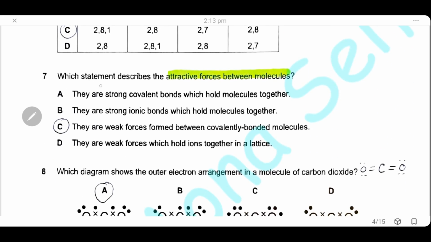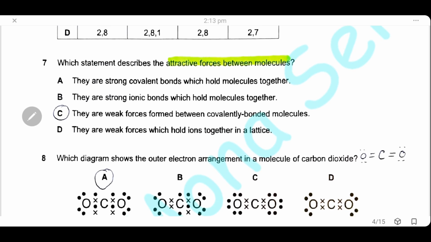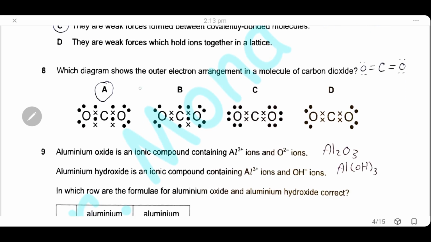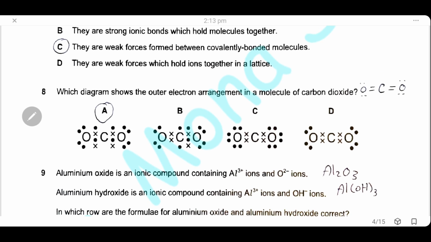Question 7. Which statement describes the attractive forces between molecules? Molecules are formed between covalently bonded atoms. So the forces between the covalently bonded molecules are weak. Which diagram shows the outer electron arrangement in a molecule of carbon dioxide? Carbon dioxide is formed from 2 oxygen atoms forming double bonds with 1 carbon atom.